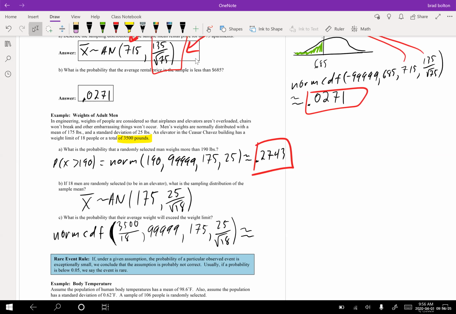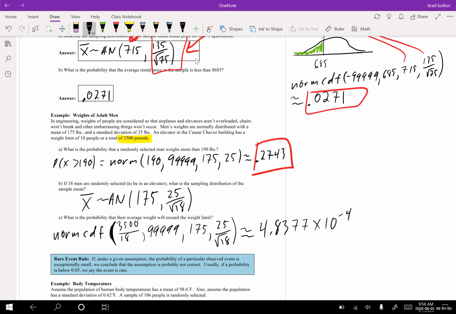Let's see here if that's right. I got a very, very small number. Yeah, I got 4.8377 times 10 to the negative 4.